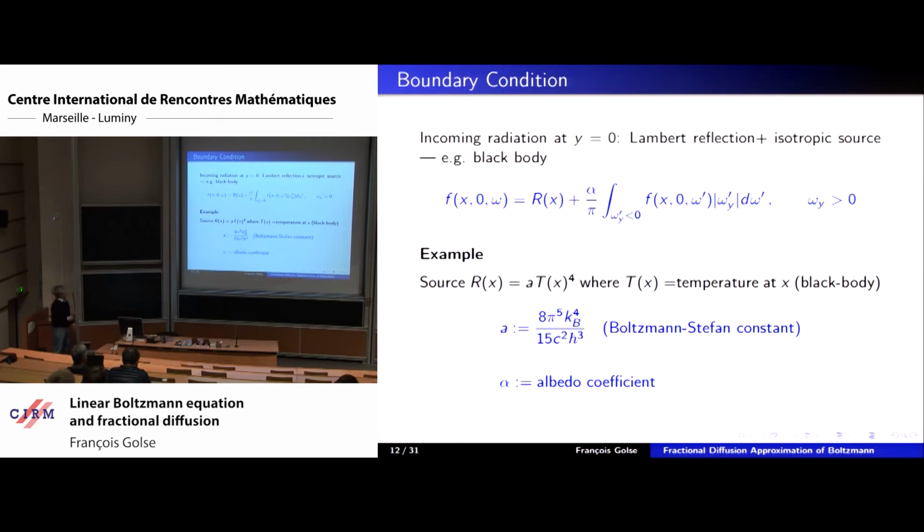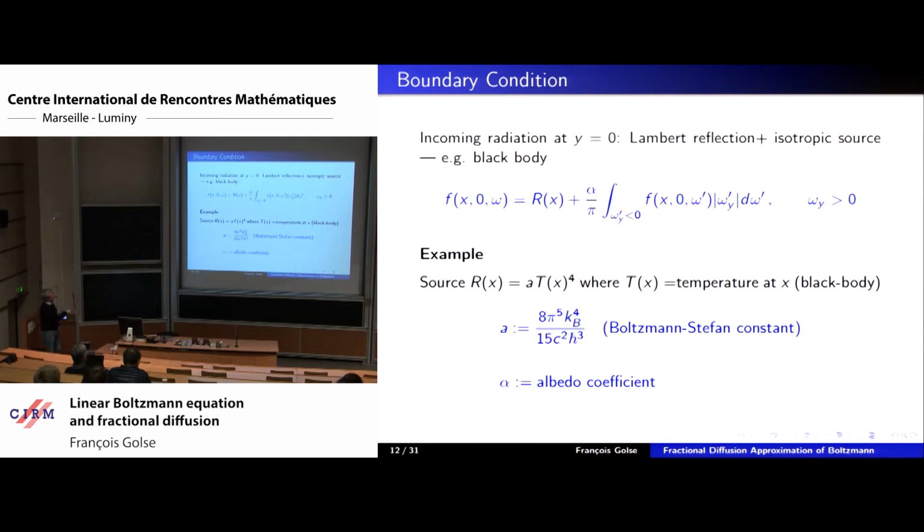Now for the boundary condition, I'm going to assume that for the incoming radiation, the boundary is y equals 0. At y equals 0, I'm going to assume that I have Lambert reflection plus an isotropic source, for instance given by black body radiation.